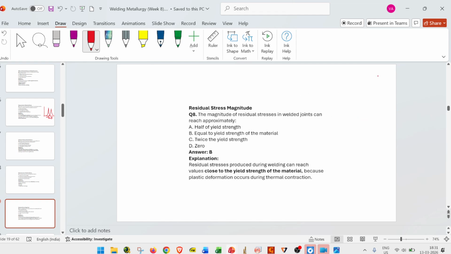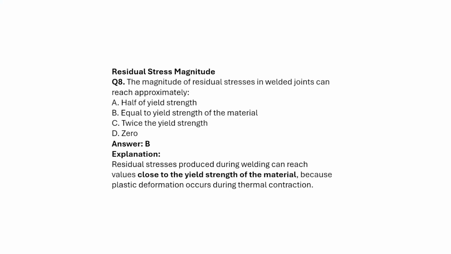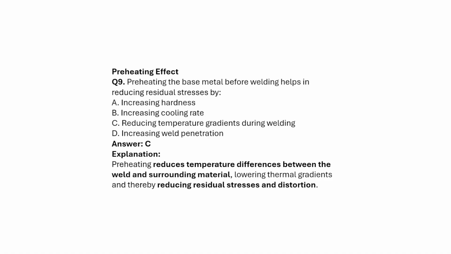Residual stresses produced during welding can reach a value close to the yield strength of the material because of the plastic deformation that occurs during thermal contraction. Next, preheating the base material before welding helps in reducing the residual stresses by: increasing the hardness, increasing the cooling rate, reducing the temperature gradient during the welding, increasing the weld penetration. The answer will be C, reducing the temperature gradient during the welding.